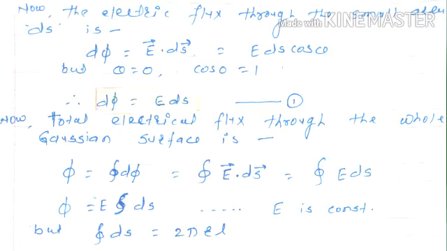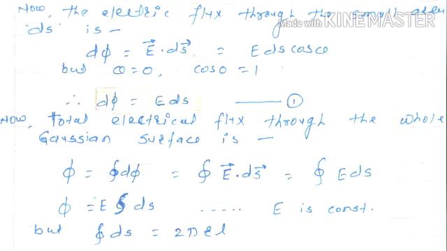Now the electric flux through the small area ds is d phi, which is equal to vector E dot vector ds. In terms of magnitude, E ds cos theta, but the angle between vector E and vector ds is 0, so cos 0 equals 1. Therefore d phi equals E ds. Suppose this is equation number 1.